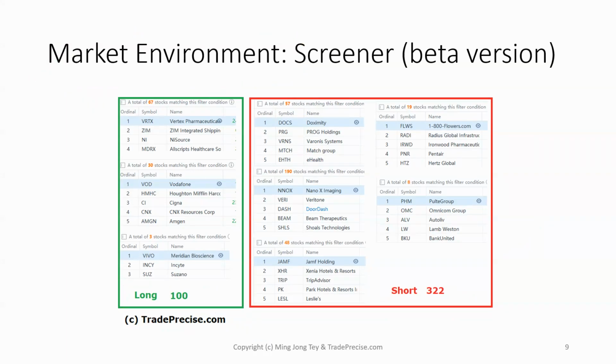But at this point, I don't really think the market is too healthy because there are still a lot of shortable stocks. Later I'm going to narrow down from these hundreds of stocks into just quite a few stocks, which probably fit my trading entry criteria.